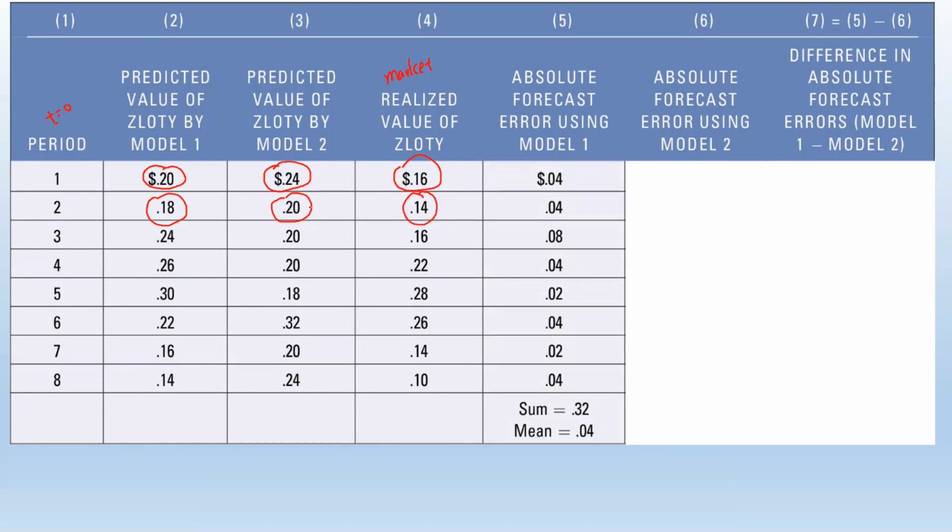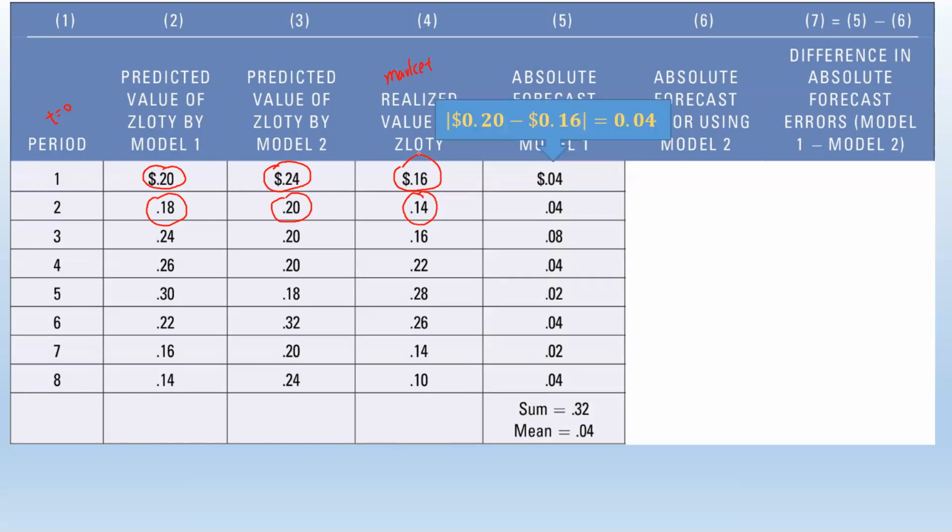We do not represent it in percentage because we just compare two models for a single currency. So the realized value for both models is exactly the same. We found the absolute forecast error using model 1 for period 1 is $2.2 minus $0.16, taking the absolute value.